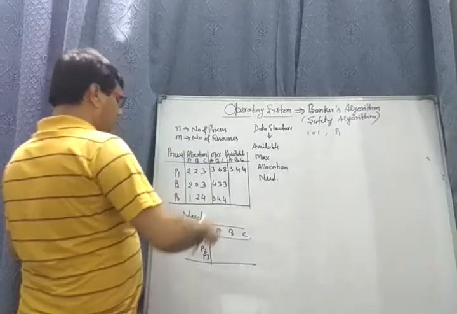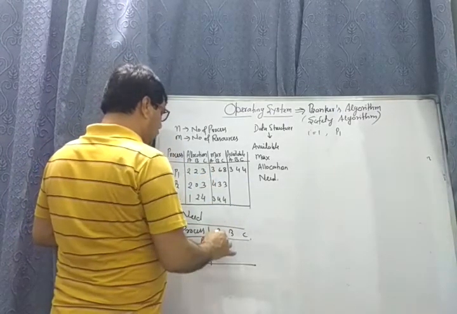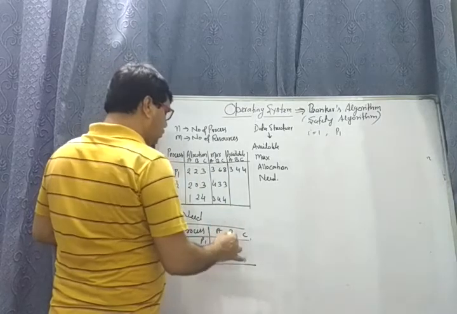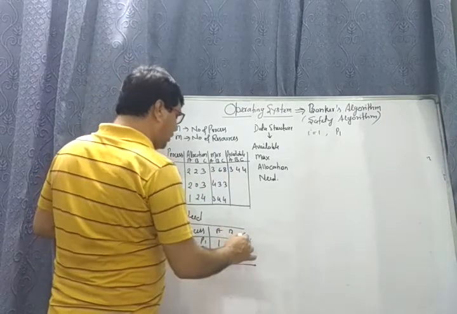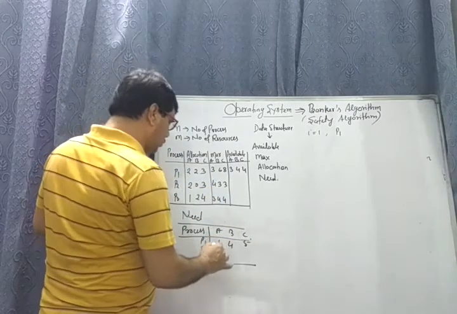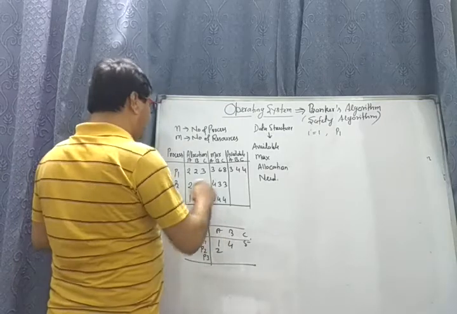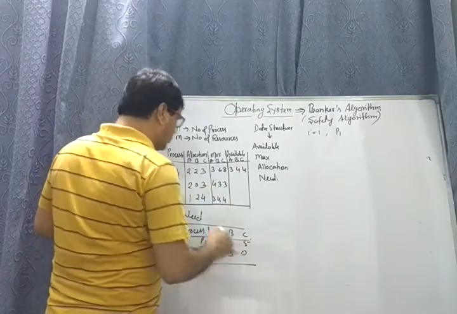Look here, in process P1, 3 minus 2 is equal to 1, 6 minus 2 is equal to 4 and 8 minus 3 is equal to 5. Again here 4 minus 2 is equal to 2, 3 minus 0 is equal to 3 and 3 minus 3 is equal to 0.